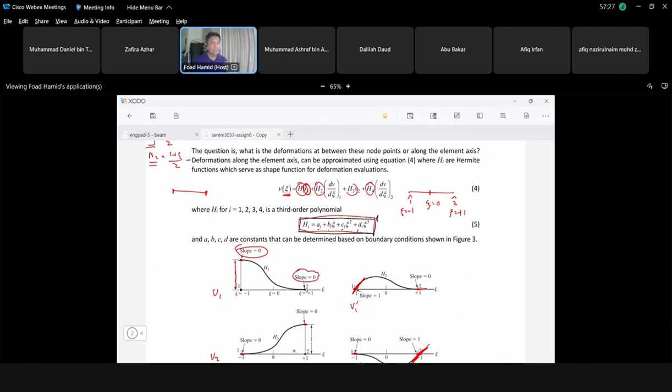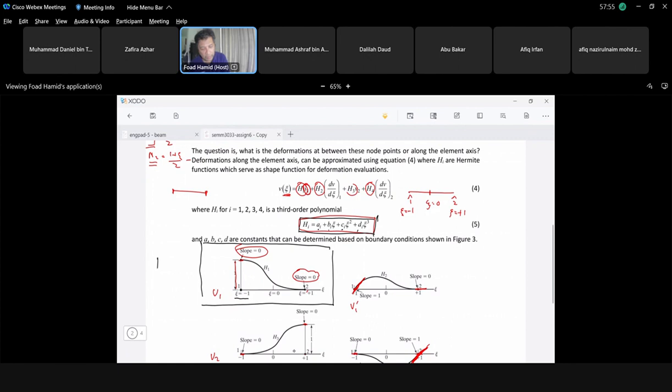Fortunately, in your textbook, it's only given for H1. Note that there are 4 boundary conditions here. For example, at node 1, or at Z equal to minus 1, the slope is 0 and the displacement is 1.